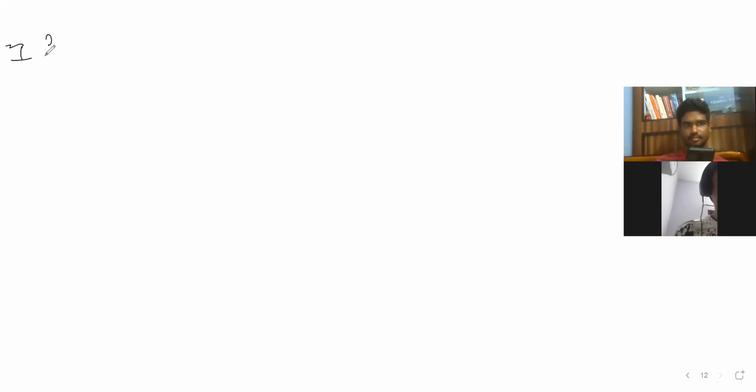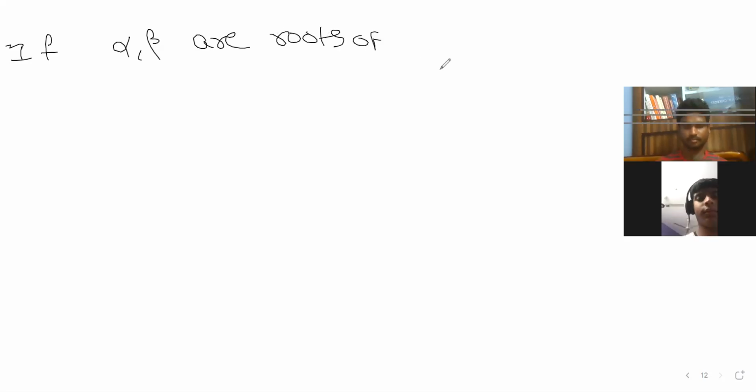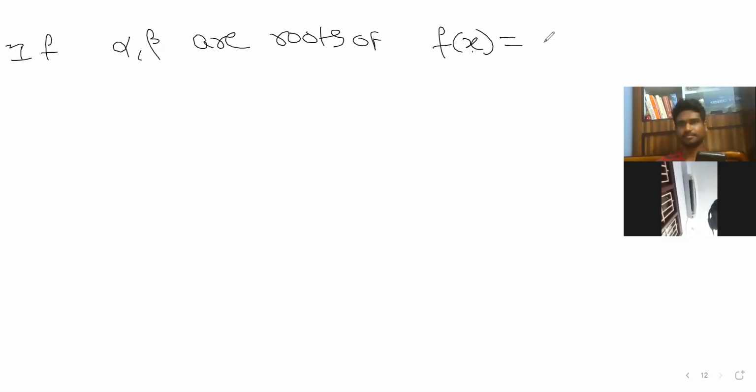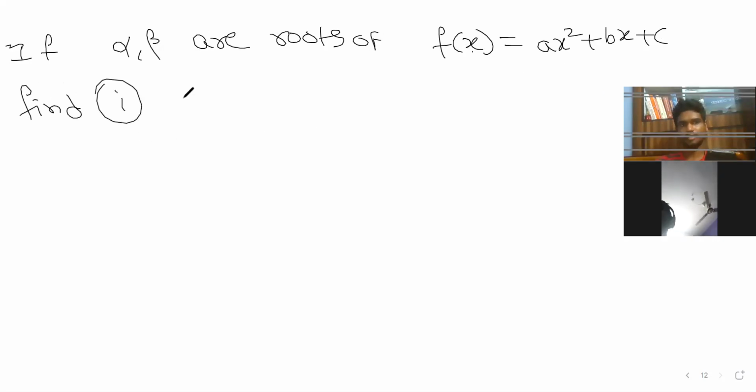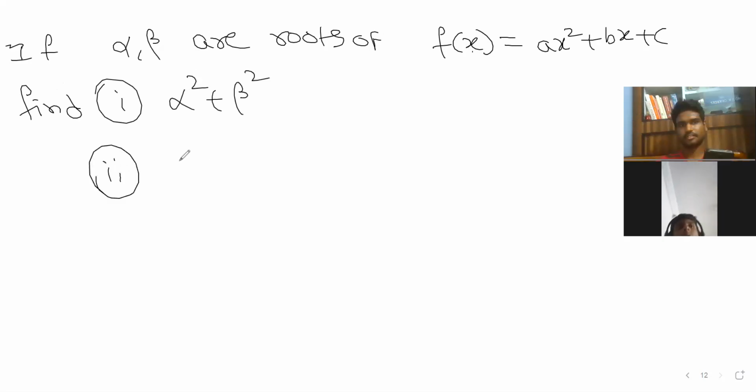If they give alpha, beta are the roots of f of x, or f of x is nothing but y. The meaning of f of x is the function in terms of x. So ax square plus bx plus c. Find first, alpha square plus beta square. Second, alpha square minus beta square.